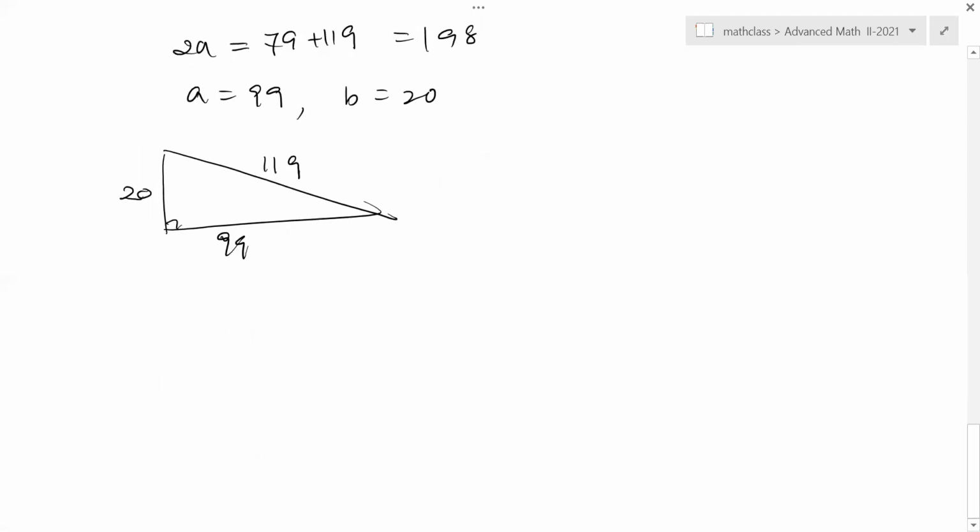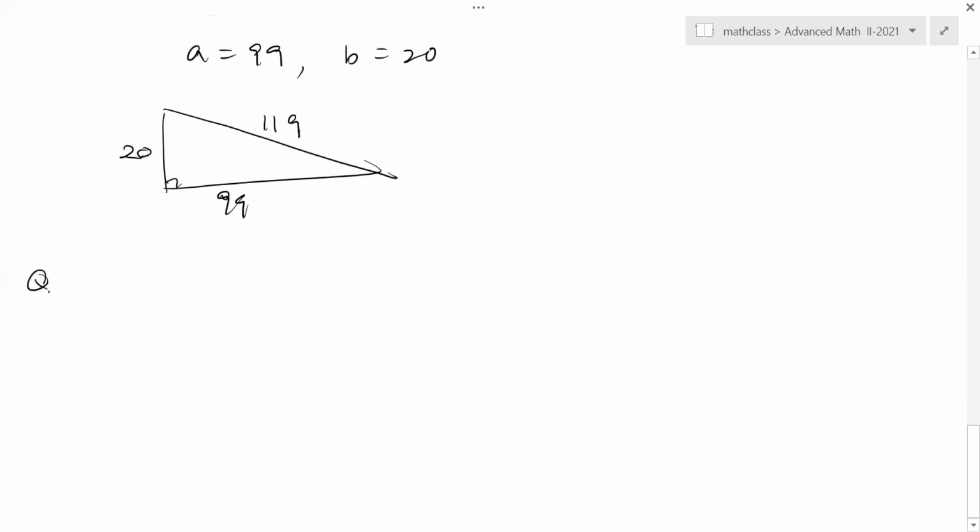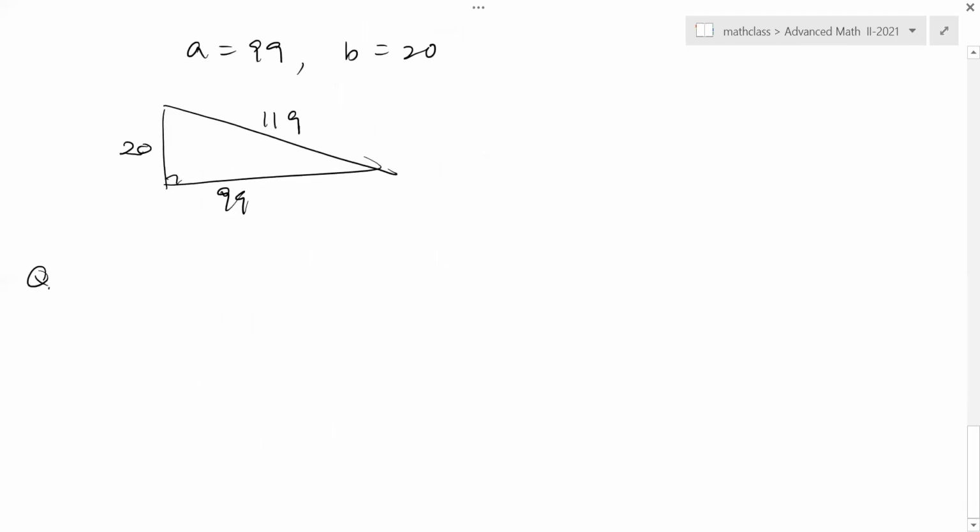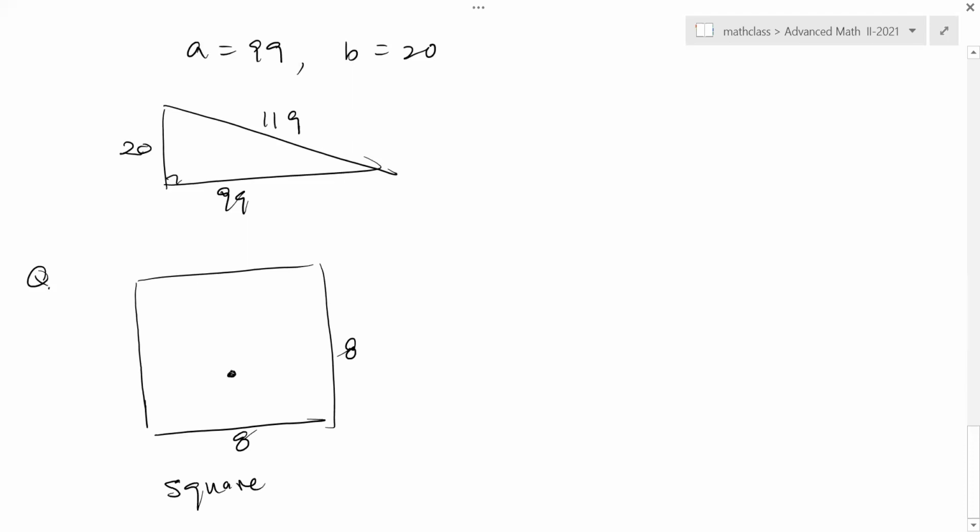All right, so our next problem. This time we need to draw additional lines. Okay, so this is an 8 by 8 square, and there is a point here. This point P has the following property.